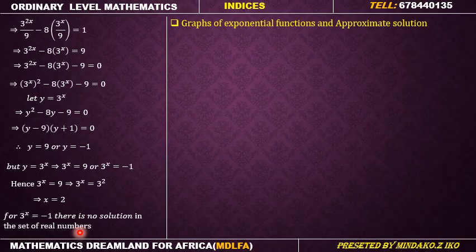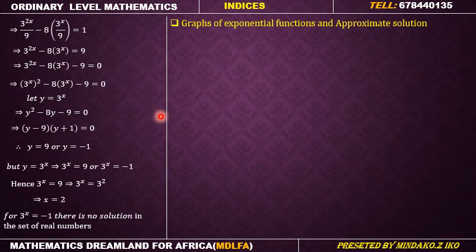Now we are going to look at the graphs of exponential functions and approximate solutions. In these exponential equations, not all of them can be solved directly. Look at the case where 3 power x is equal to 27.